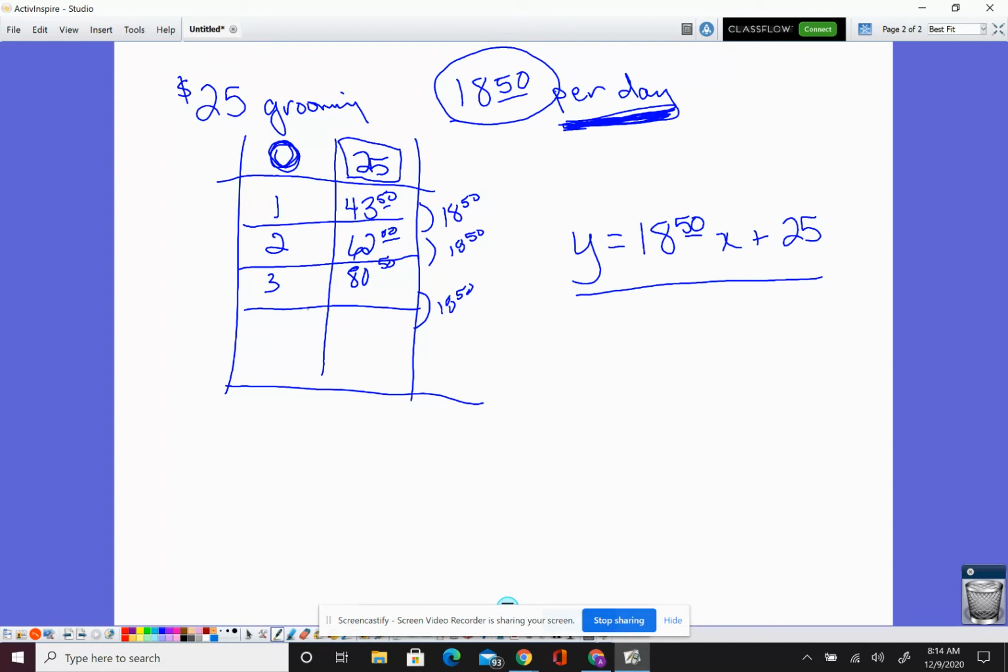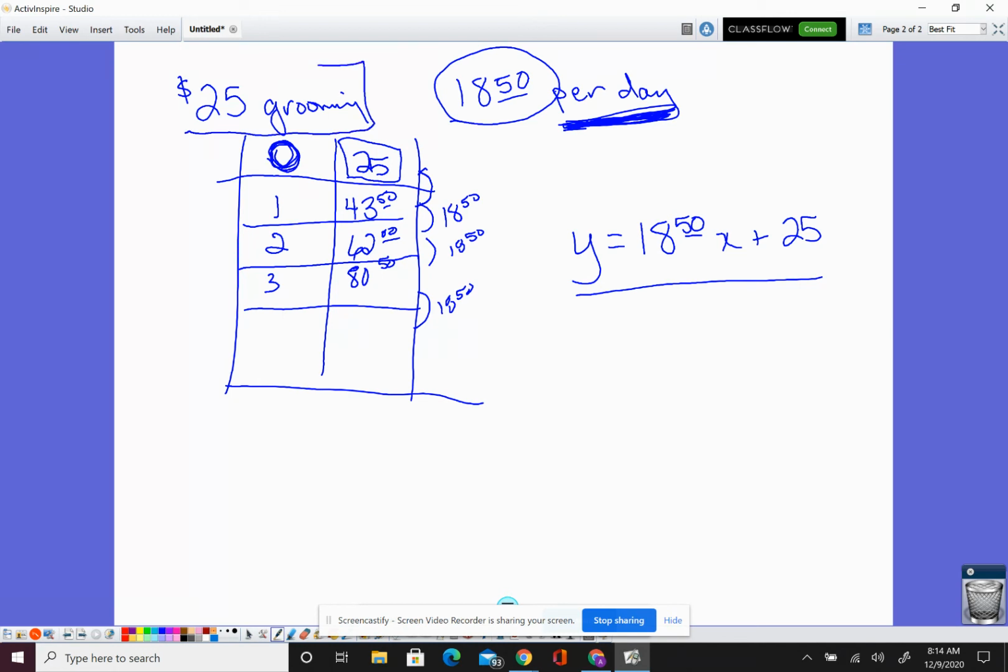How did you get the 25? Well, there's 2 ways I could get it. I could go backwards and say, take $18.50 away from $43.50, and that will give me the 25. Or I could just think about this and say, I'm bringing a dog in, he's going to get groomed, but he's not staying any days. So the number of days that he stays is 0, but he's going to get groomed.